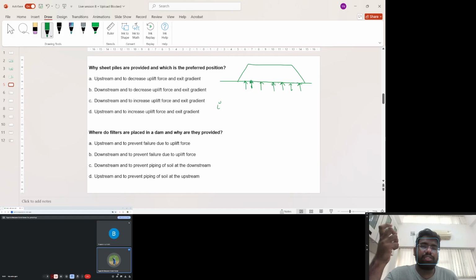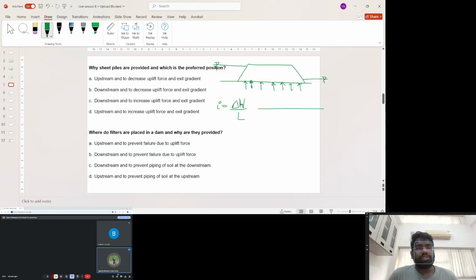You have to decrease the hydraulic gradient, which is the head difference divided by the length. Since we have a fixed water position upstream and downstream, this remains constant, and hence the total delta H is never going to change. The only thing which we can change is the length of flow.